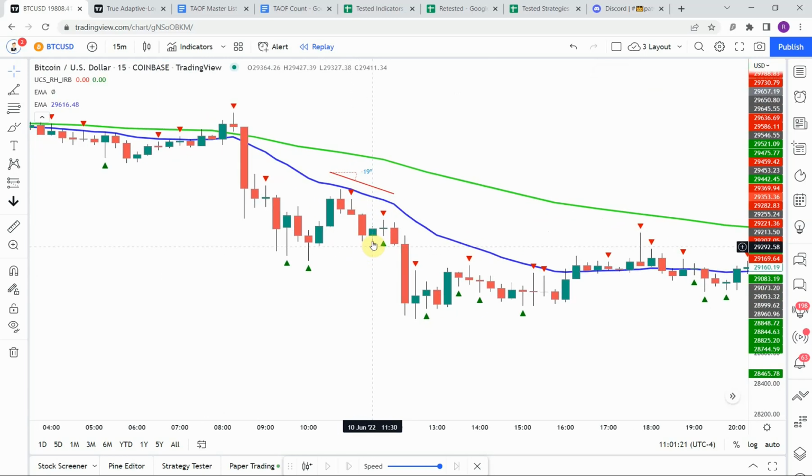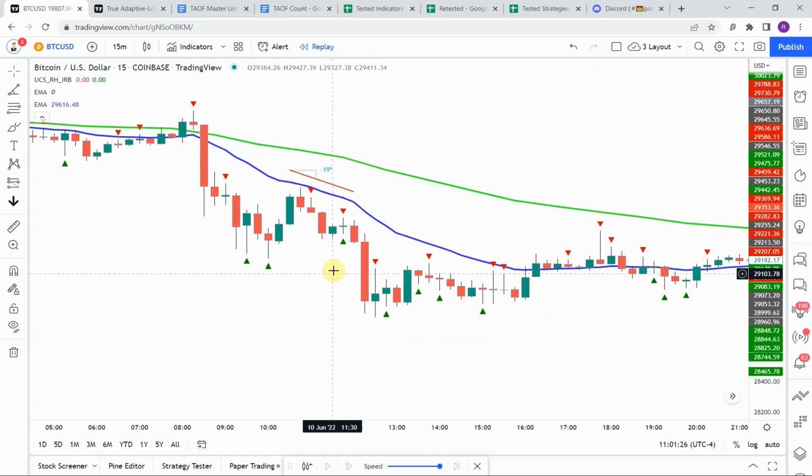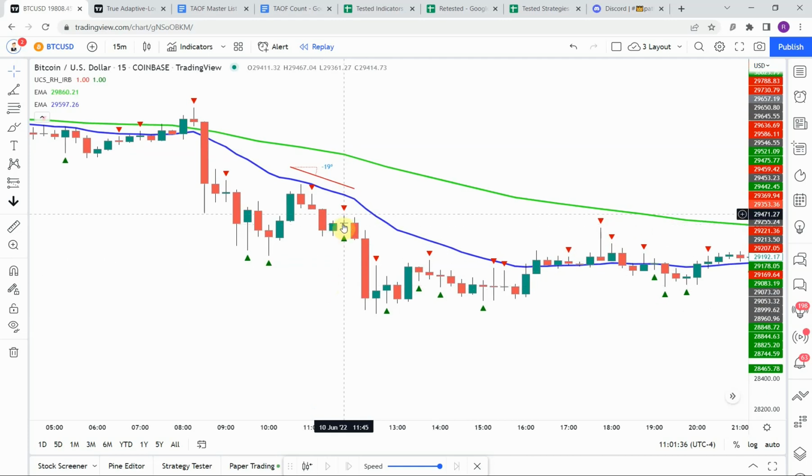And so what we're looking for are instances where we get the formation on the downside of a green retracement. And so the green triangle that forms on a bar, we are looking then for a break below that low, as I said a moment ago.